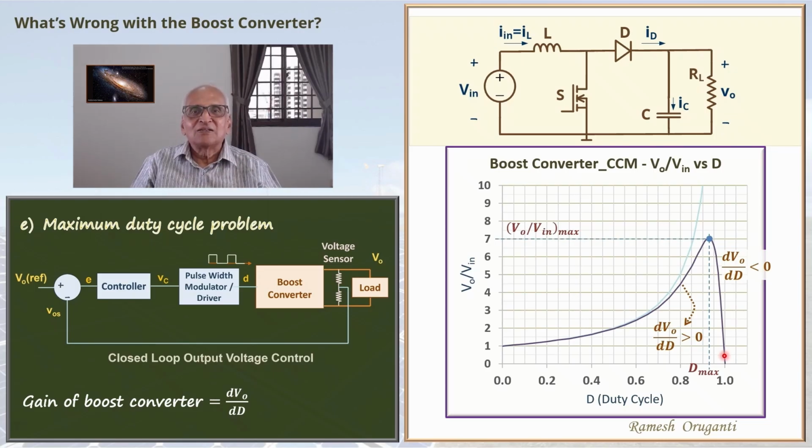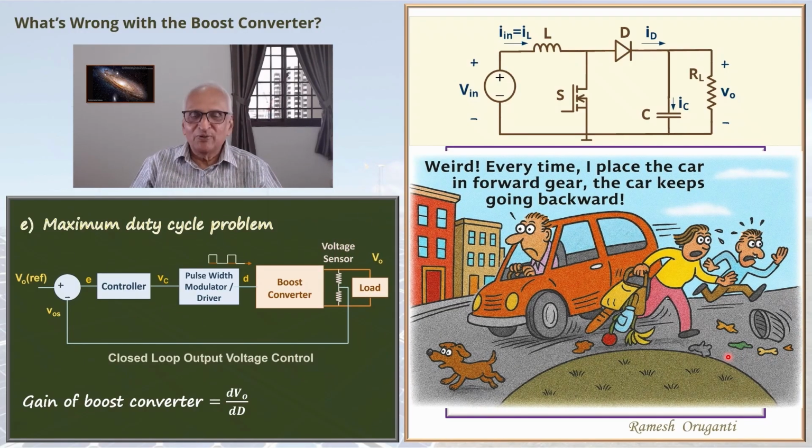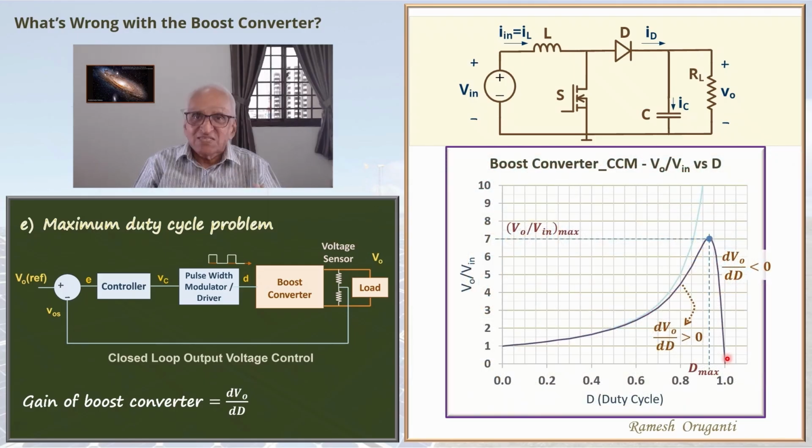It is like placing the car in forward gear, but the car keeps going backward. Here, the closed loop system increases the duty cycle in order to increase the output voltage, but instead, the output voltage keeps going down. This can occur when you start the boost converter. When you start the boost converter, the capacitor voltage will charge to the Vin value.